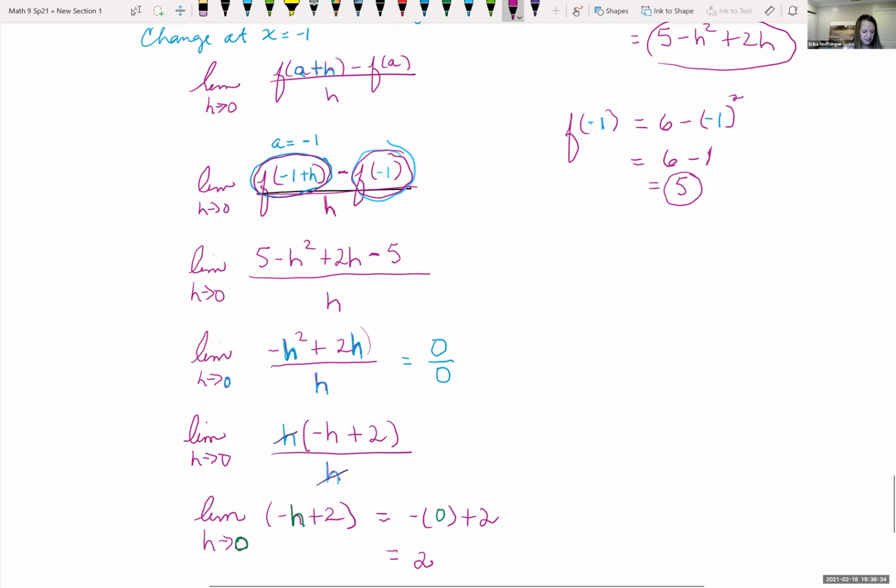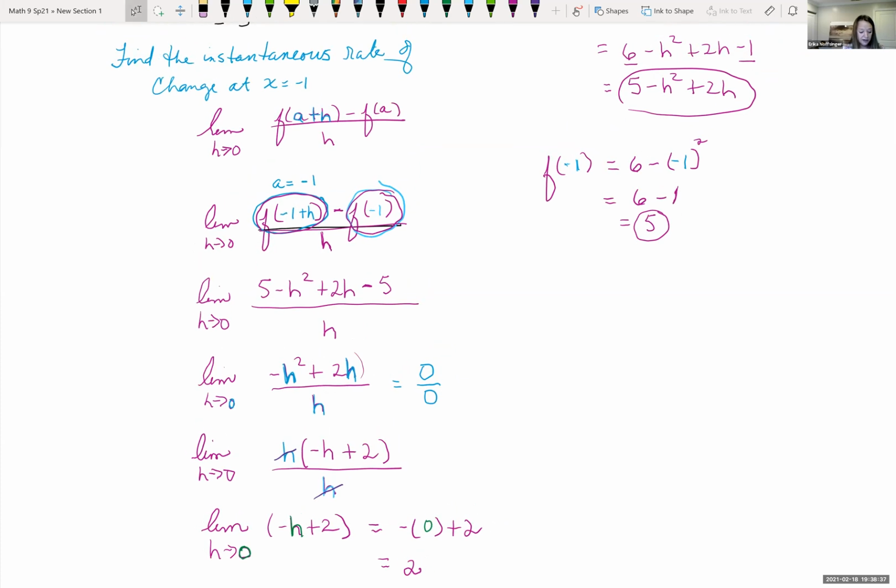Okay, so what we just did was find the instantaneous rate of change of our function f of x at x equals negative 1. So again, that's the slope at that value x equals negative 1, and it's actually the slope of our tangent line.